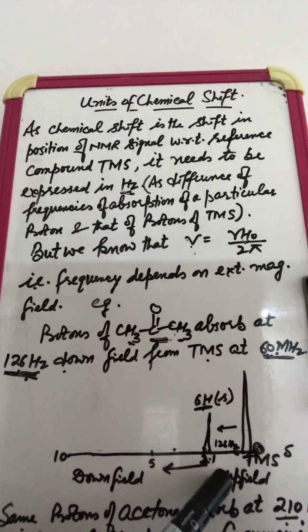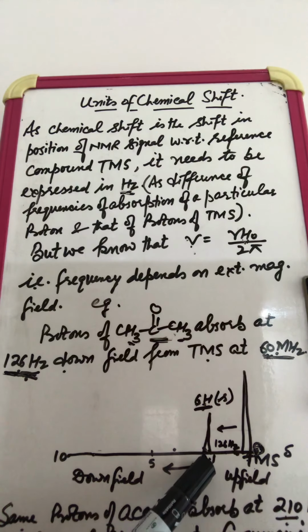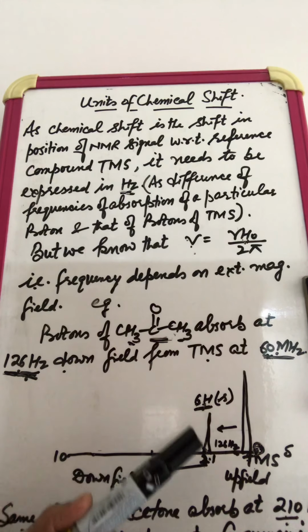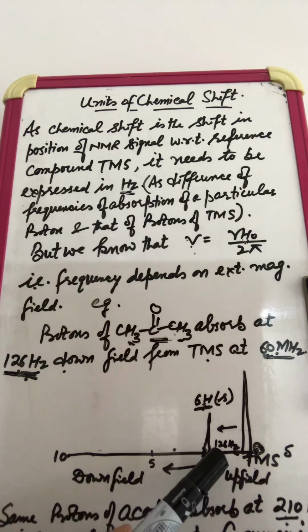I have shown it over here. This is the position of the TMS signal, which is an intense signal, and that is assigned the value 0. With respect to TMS, the signal of acetone appearing here is for 6 protons, and you can see the intensity difference of 12 protons and 6 protons. This appears 126 Hz downfield.